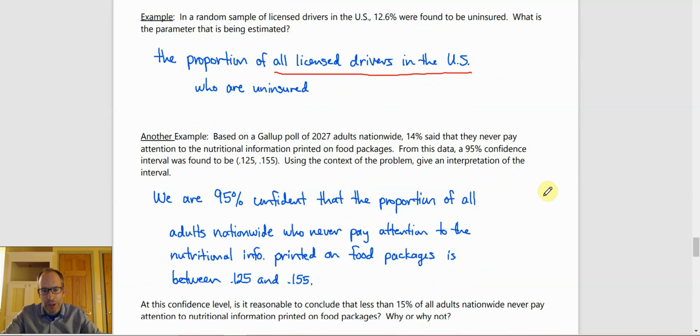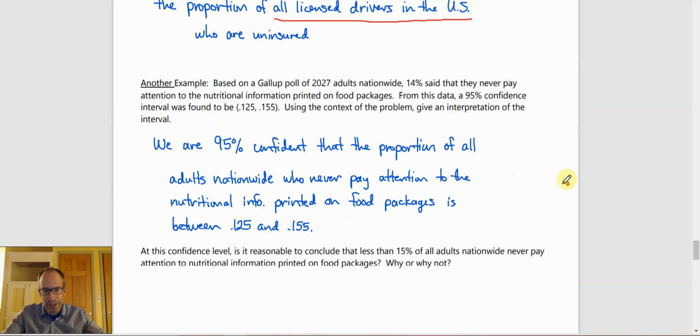Well, then, with another example, just to get another interpretation in here. So I really push this, writing this out. But then, once again, parameter is long, right? That's it. The proportion of all adults nationwide who never pay attention to the nutritional info printed on food packages, right? So the population there is all adults nationwide because that's how it's phrased up here, right? Because then there's our sample, right?